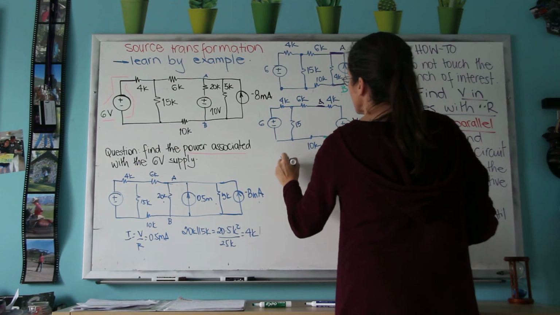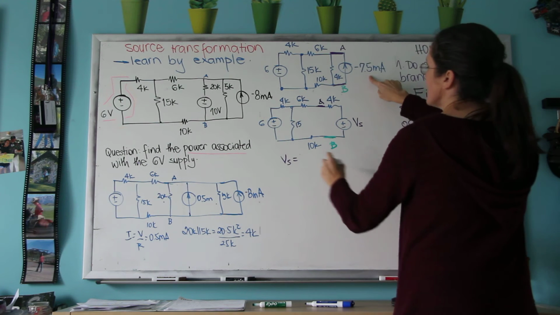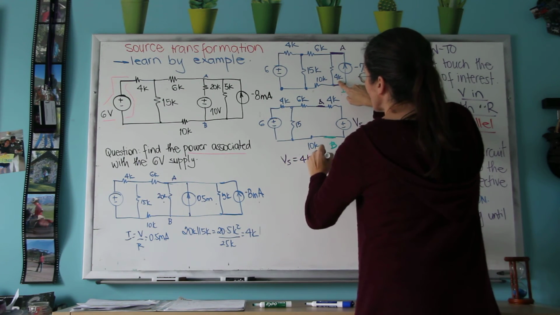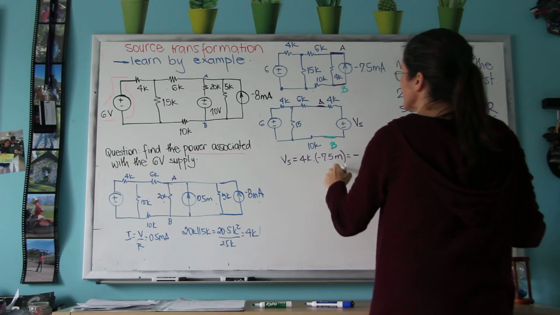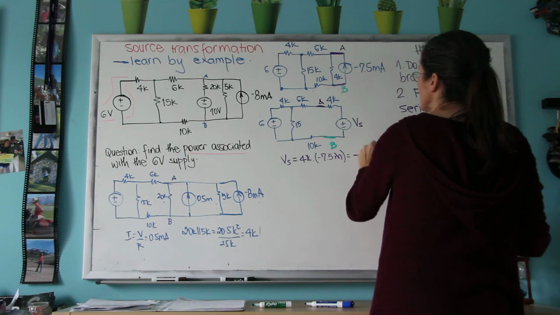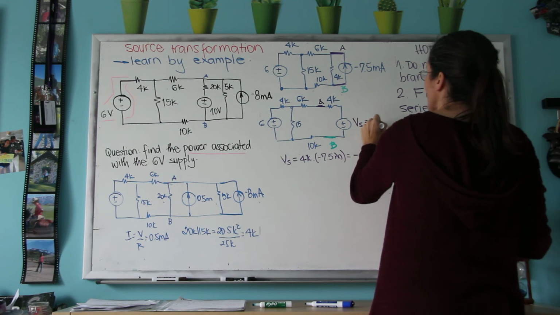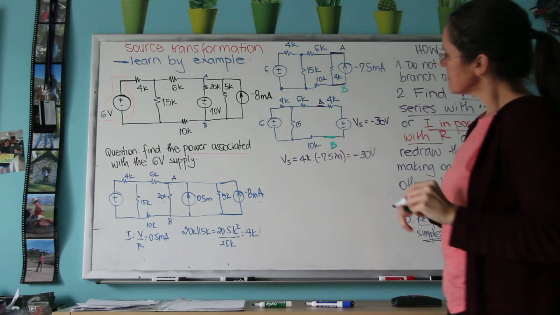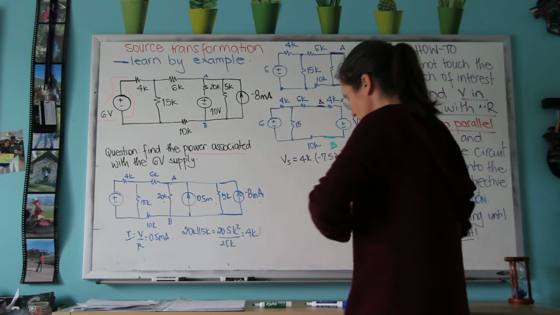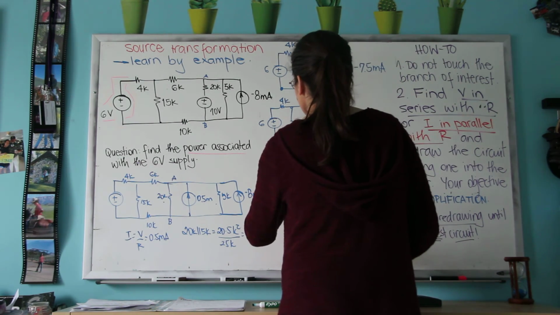And that voltage will be 4K times minus 7.5 milli, which is minus 30 volts. And now I'm going to have these three in series, so I'm going to redraw the circuit.